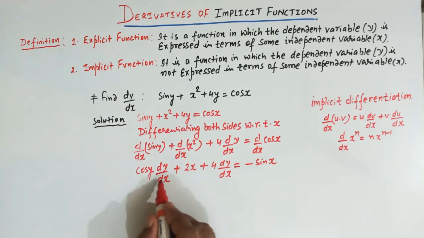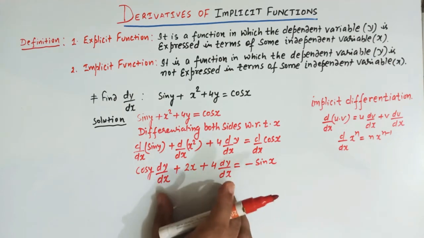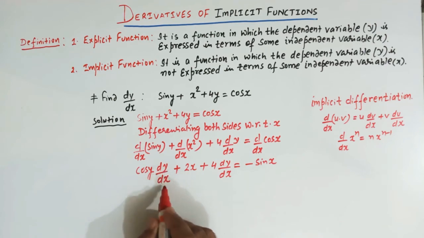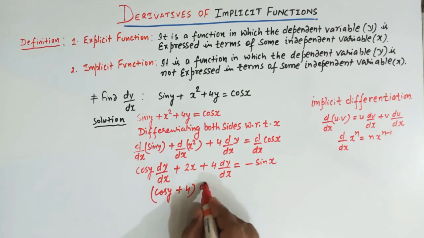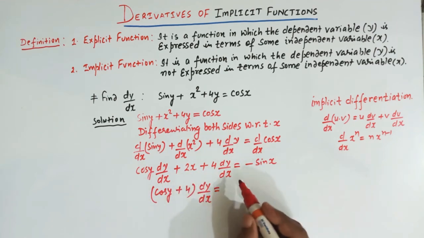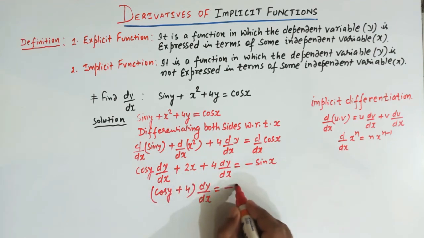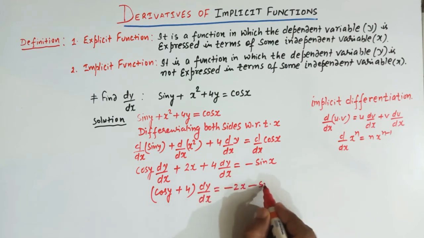Again we will collect the terms containing the derivative of y with respect to x. So we have cos y plus 4, and this is dy over dx, and taking this 2x to the right hand side, we have minus 2x minus sin x.